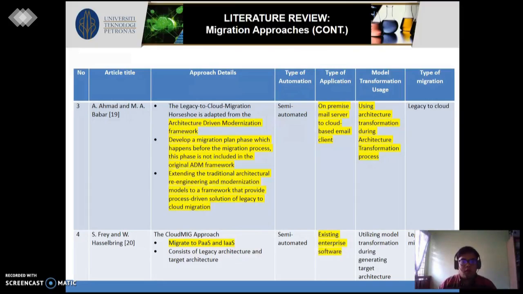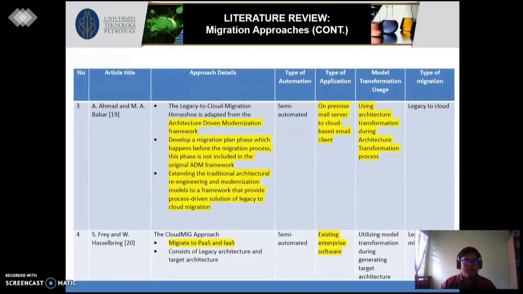But in this approach, they are using semi-automated, which means that some parts are done manually, and the type of application is an on-premise mail server to a cloud-based email client. They are using architecture model transformation during the architecture transformation process, and the type of migration is legacy to cloud migration.